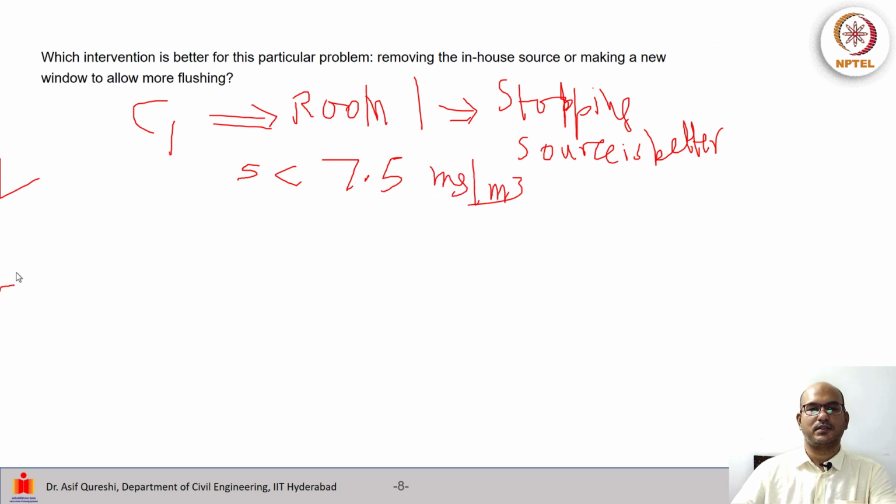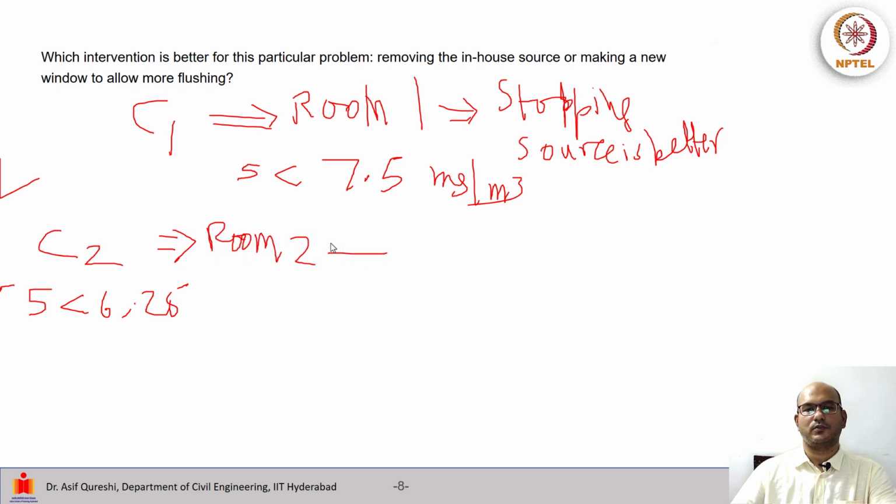Now in C2 the concentration is 6.25, so 5 is again less than 6.25. So here also stopping the source is better rather than adding more flushing.